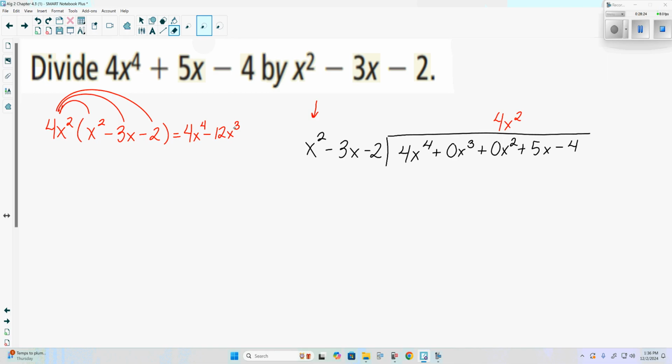And lastly, 4x squared times negative 2, 4 times negative 2 is going to be negative 8x squared. And we'll match it up. We'll put it under our like terms.